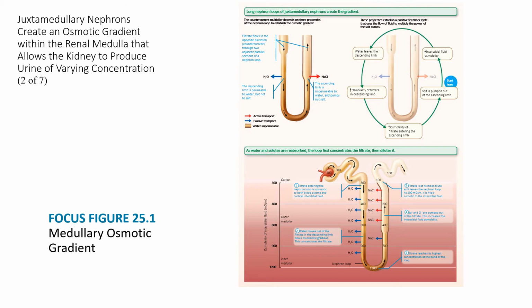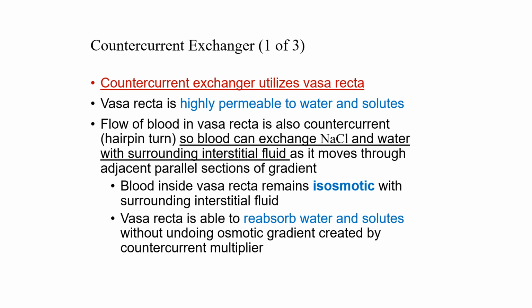What about the exchanger? Well, the exchanger, remember, uses the capillaries, the vasa recta. And the vasa recta is highly permeable to water and solutes. So the flow of blood in the vasa recta is countercurrent, so that blood can exchange sodium chloride and water with the surrounding interstitial fluid.